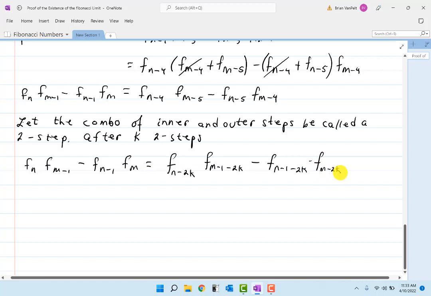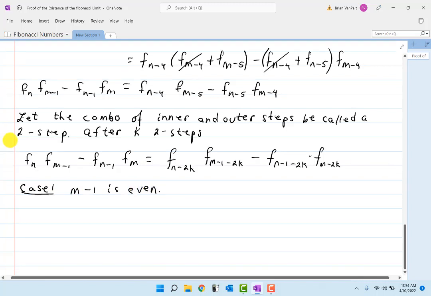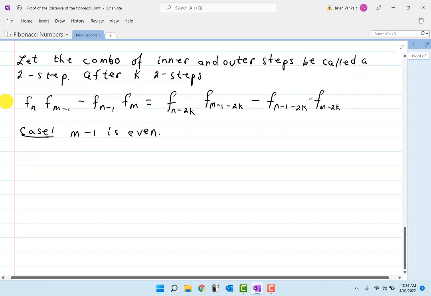Alright, so now I'm going to key in on a couple of things. Case 1, m minus 1 is even. So if m minus 1 is even, I'm going to let k equal m minus 1 over 2. So it's an integer, or the whole number.